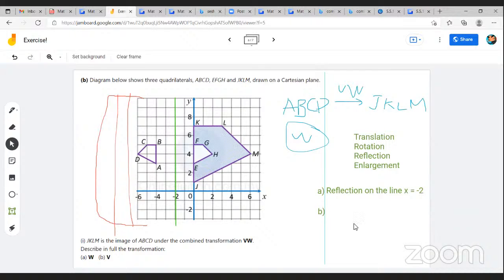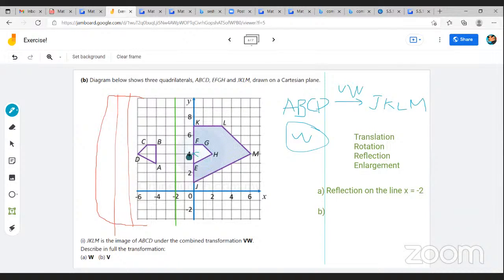Try again. Enlargement. No, it's translation. Okay, not translation. But close. So we already reflected A, B, C, D becoming E, F, G, H. So now we want to find out how to make E, F, G, H this big one over here. Oh, so we have to enlarge it. Yeah, that's correct. Thank you, Harin.